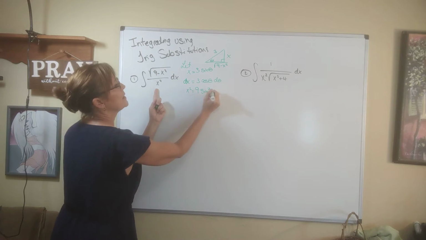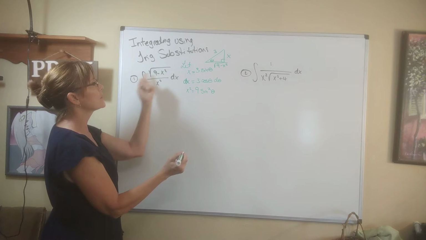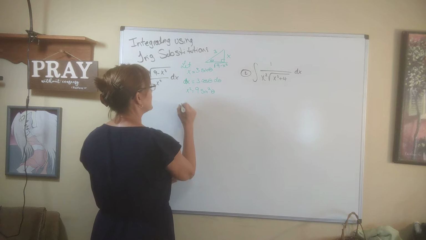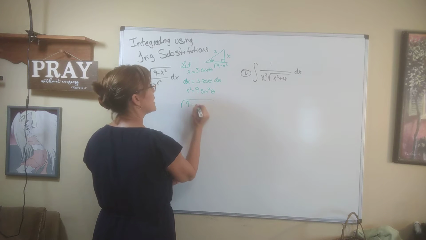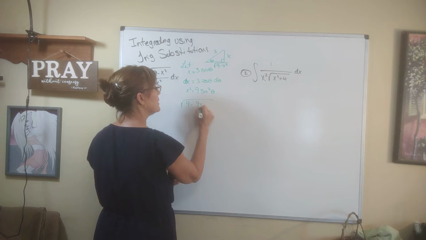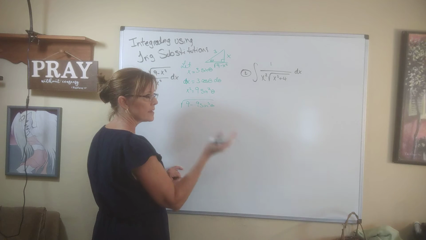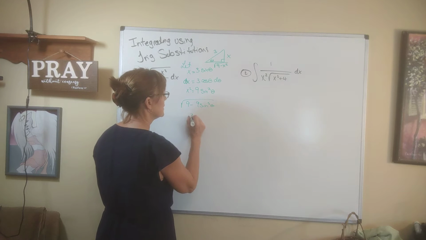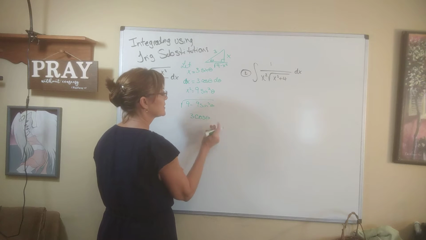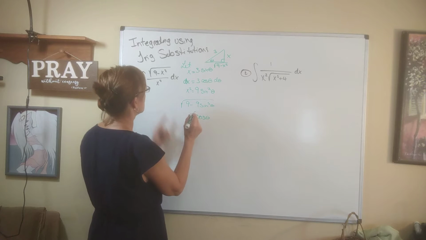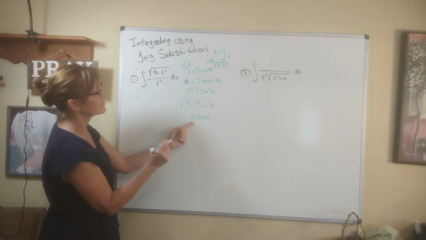And now let's rewrite this root into a trig. If we're looking at the square root of 9 minus x squared, that would be 9 minus 9 sine squared theta. Factor out the 9, that's a 3. This is going to be 3 cosine of theta based on what we just did. The square root of 9 minus x squared is going to turn into 3 cosine of theta.